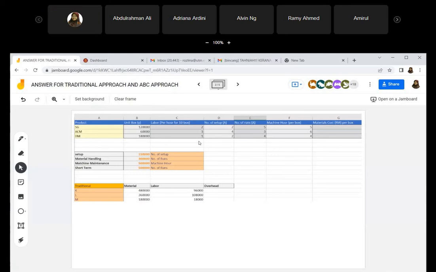Because you have to calculate RM per hour for the labor, then you have hour per box, and then you have box per month, and then you have months per year.